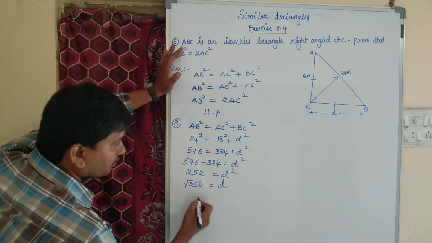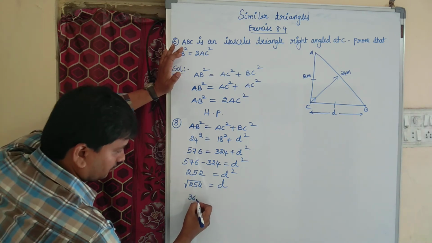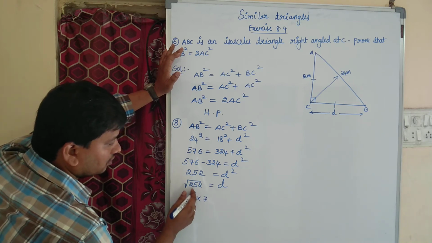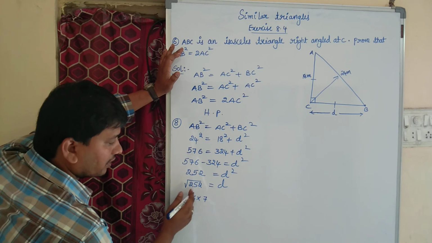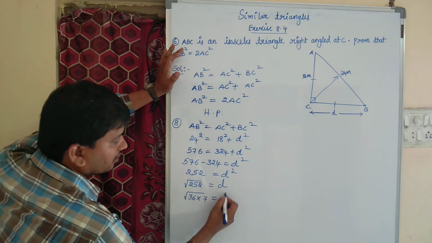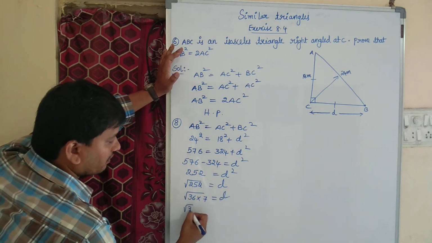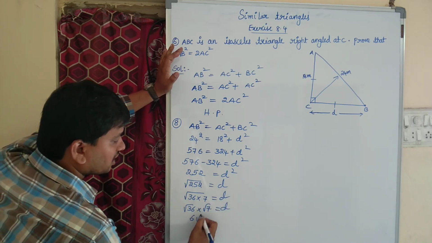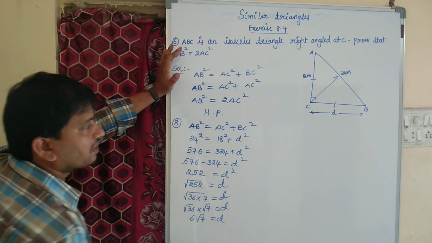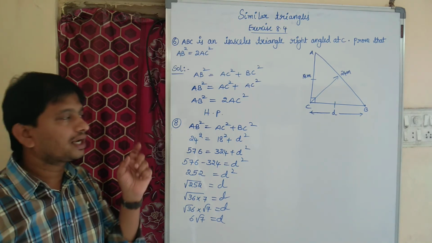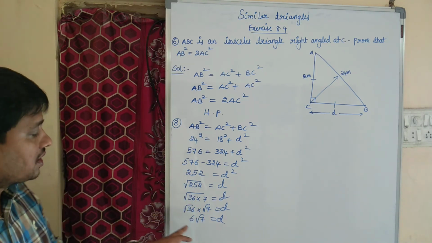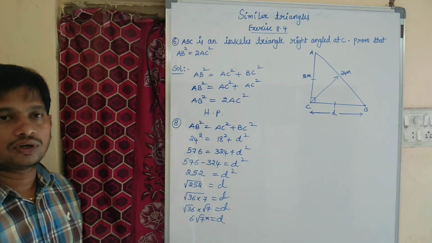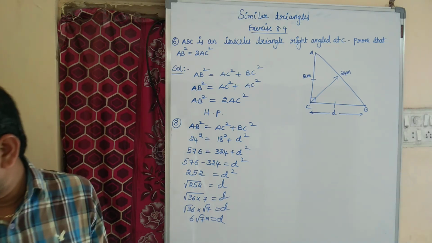I can write as 36 into 7. Root 36 into 7, I can write as root 36 into root 7 equal to D. Root 36 is nothing but 6. So distance between the base of the pole and the stake to be attached is 6 root 7 meters. Okay children, I hope you understood.